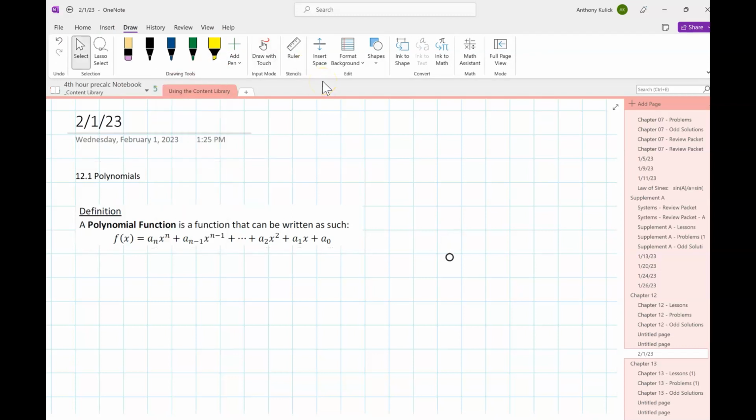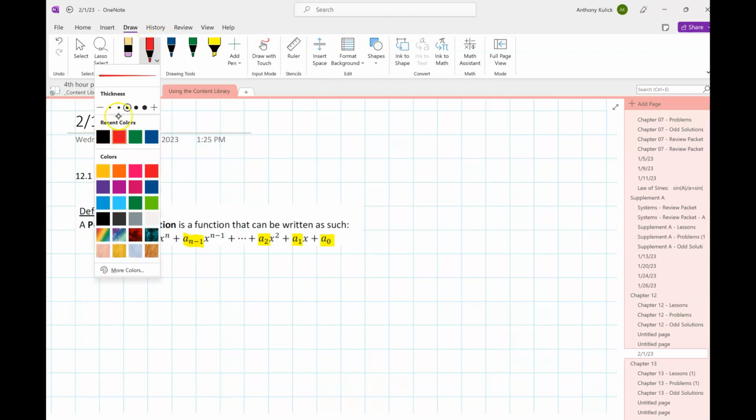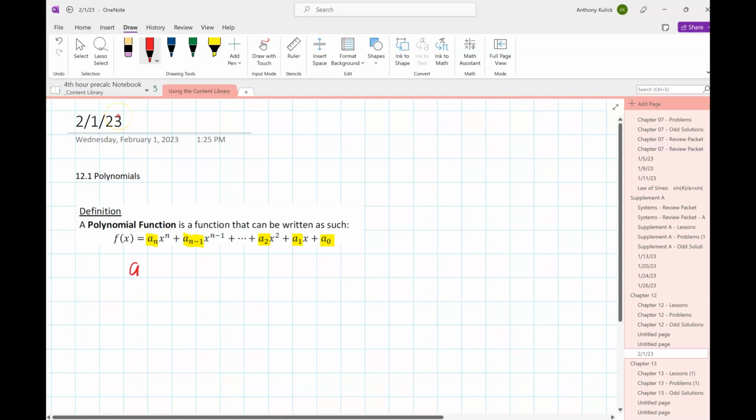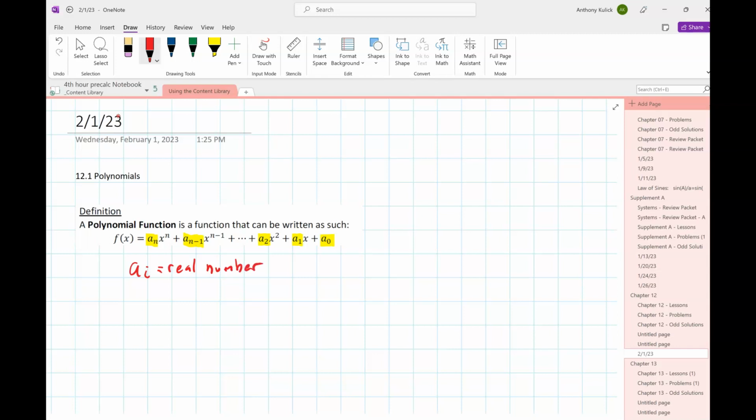So here's the takeaway. These a subs are just real numbers, with one condition: a sub n can't have a specific value.